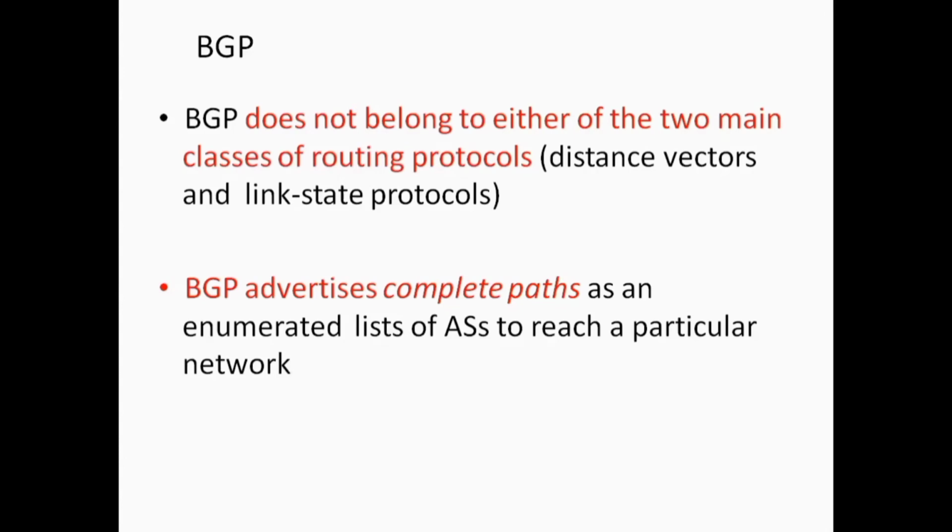It is sometimes called a path vector protocol for this reason. The advertisement of complete paths is necessary to enable the sorts of policy decisions to be made in accordance with the wishes of a particular autonomous system. It also enables routing loops to be readily detected.